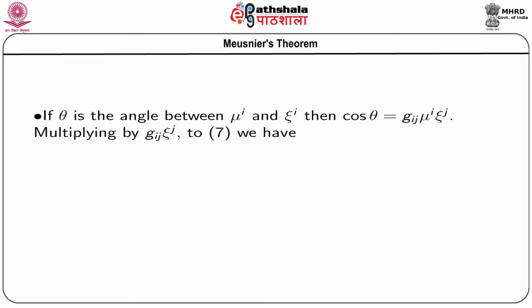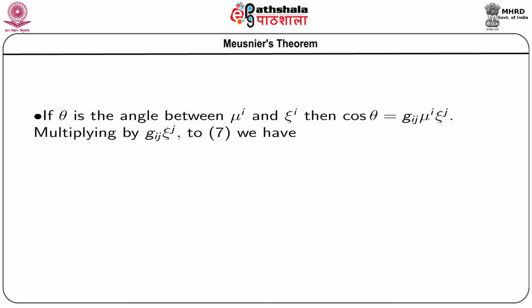Now, according to the statement of the theorem, if theta is the angle between mu I and xi I, then cos theta equals gij mu I xi j. Now, we know that both mu I, that is the principal normal vector, and xi I, that is the surface normal vector, are unit vectors. So, cos theta can be defined in this way, that cos theta equals gij mu I xi j.